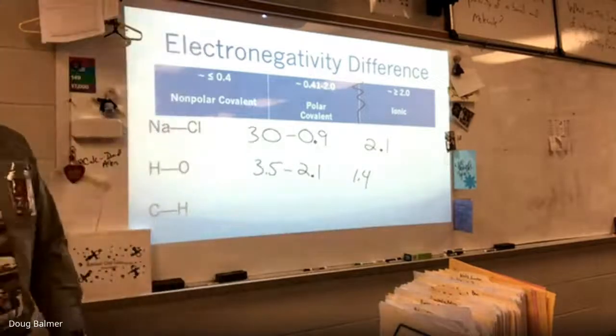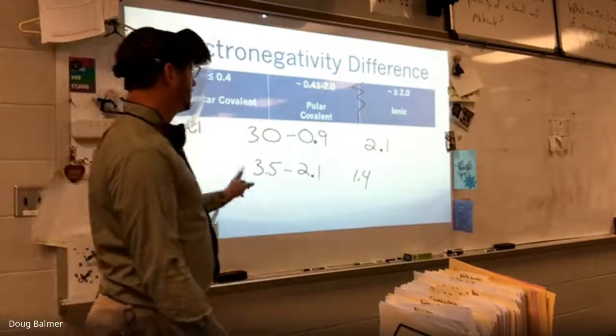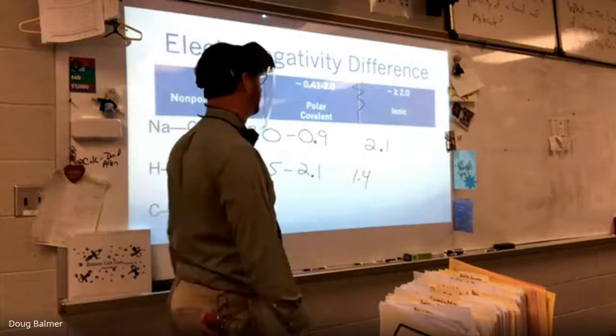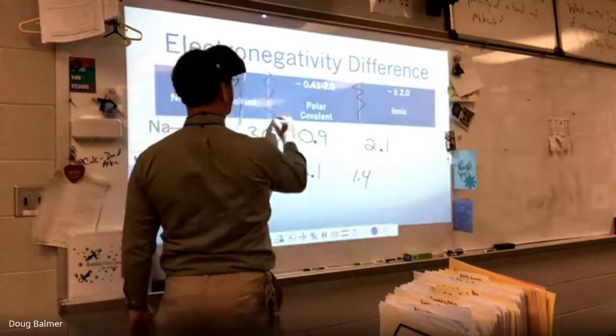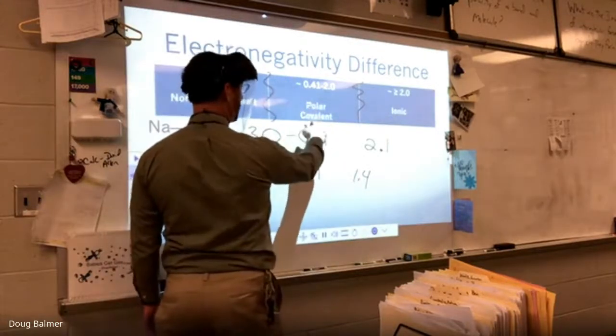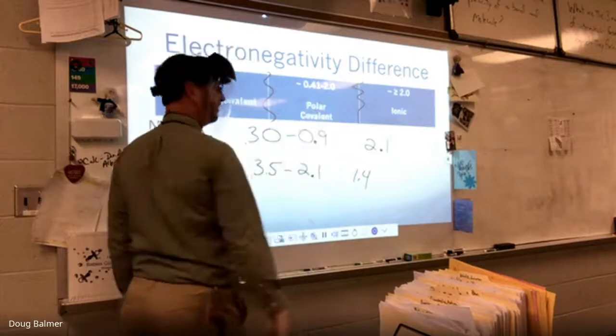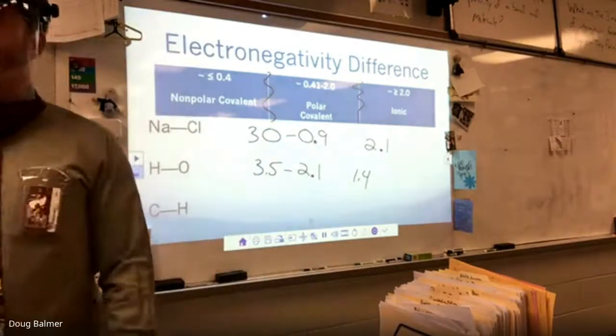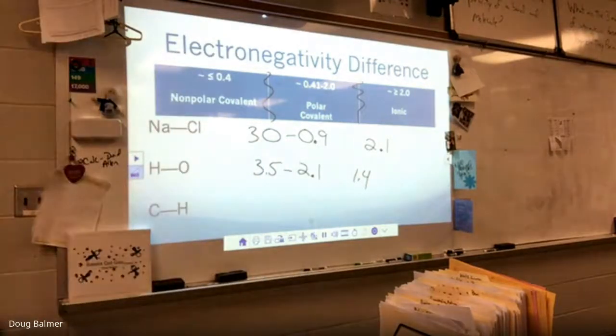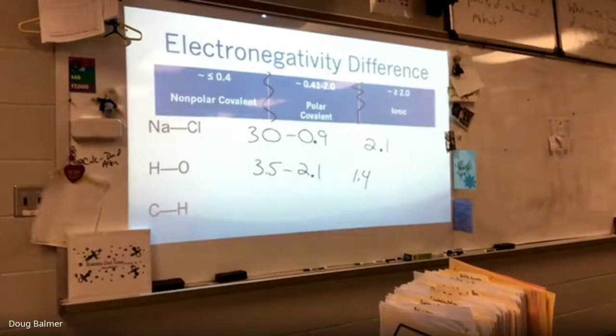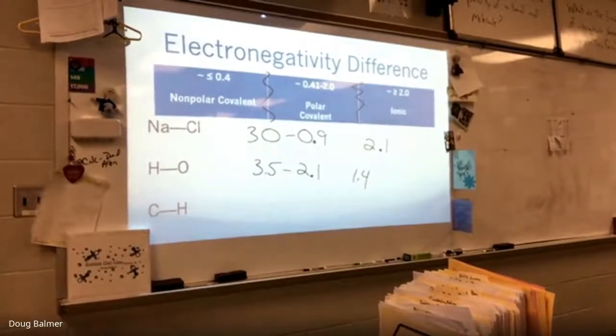Oxygen is definitely an electron hog. Oxygen is going to pull those electrons closer to itself. So because that's between this value, we know it's covalent, but it would be considered a polar covalent bond. Oh, wait a second. Your bio teachers told you that water, which has H's and O's in it, is polar. Maybe this is the reason why. Well, it's partially the reason why.